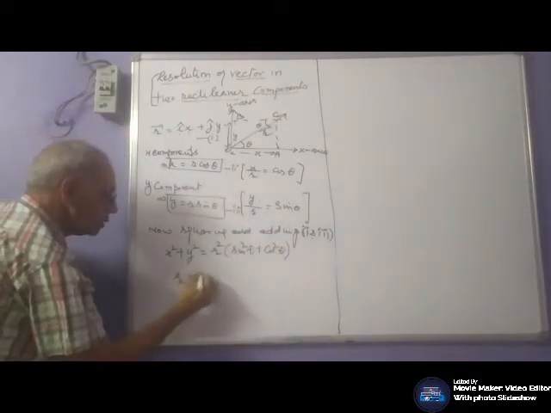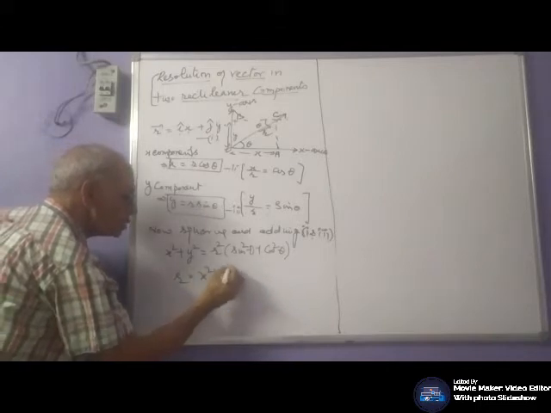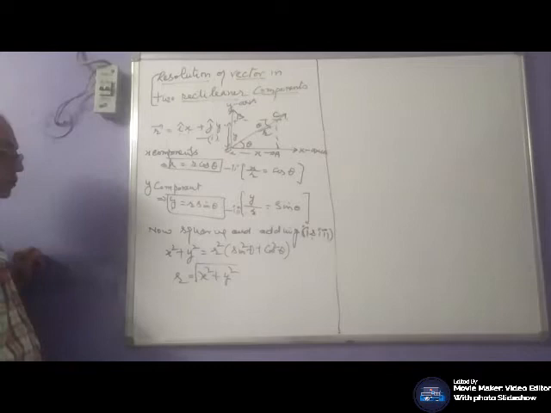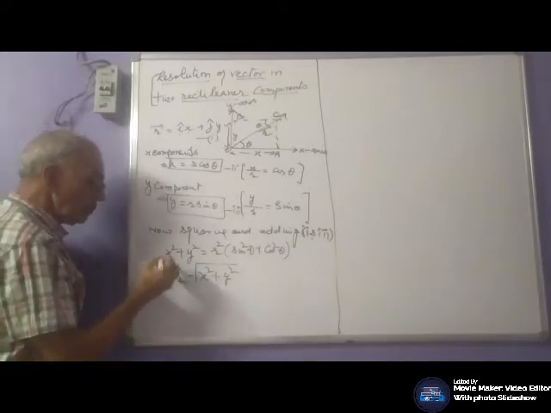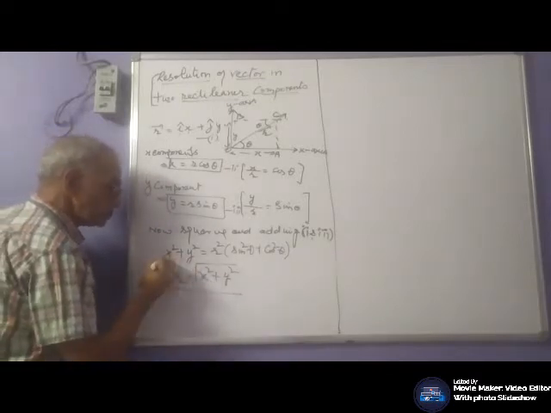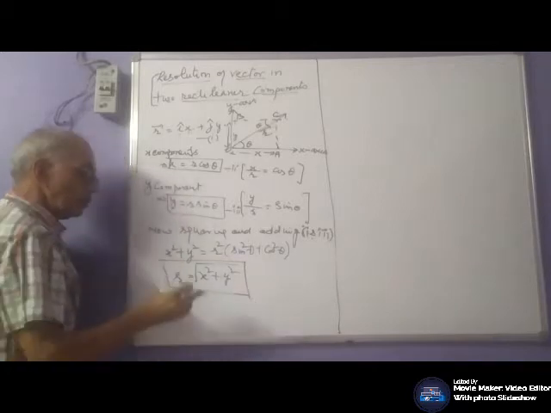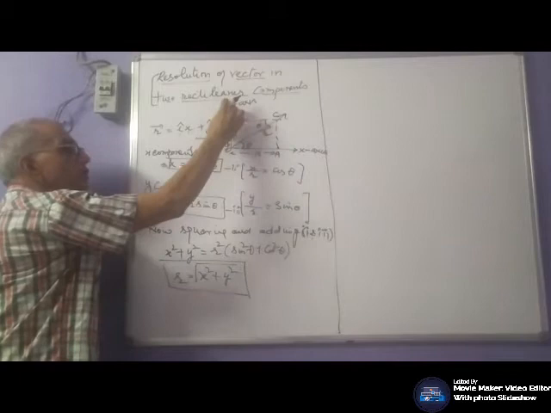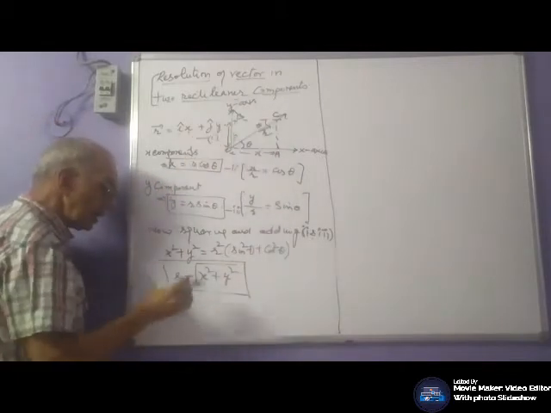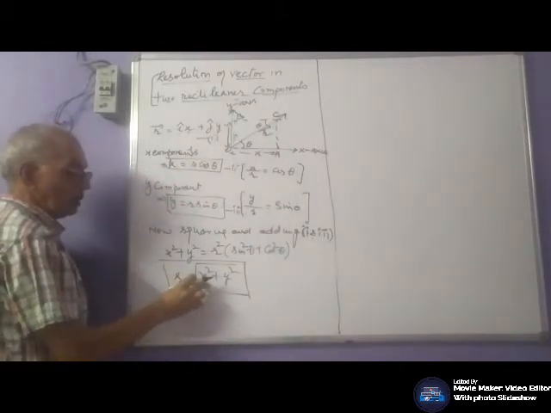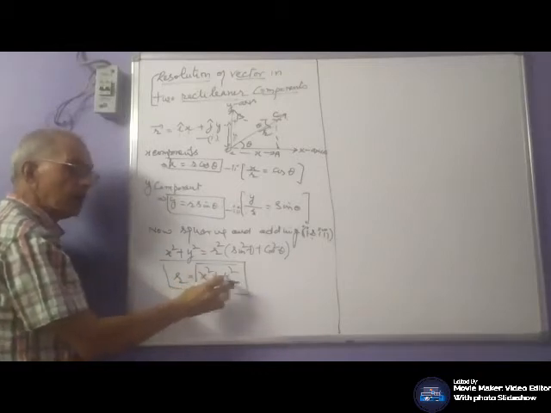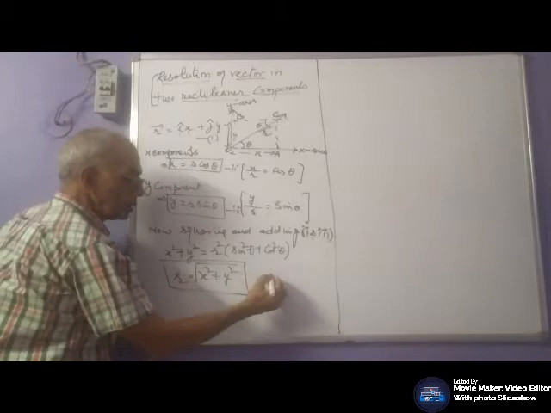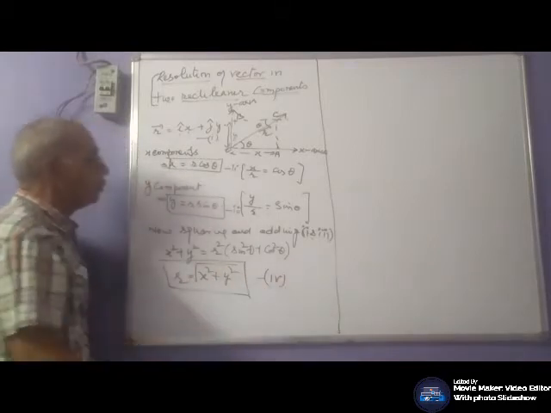Or r is x square plus y square under the root. In parallelogram law, when vectors are perpendicular, this is one vector x, this is another y, their resultant is x square plus y square root. Parallelogram law, triangle law, that was done there, the same has come here in vectors.